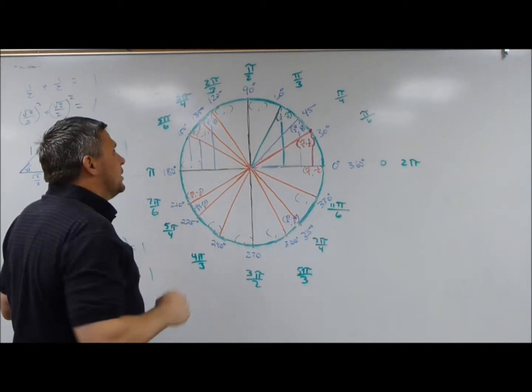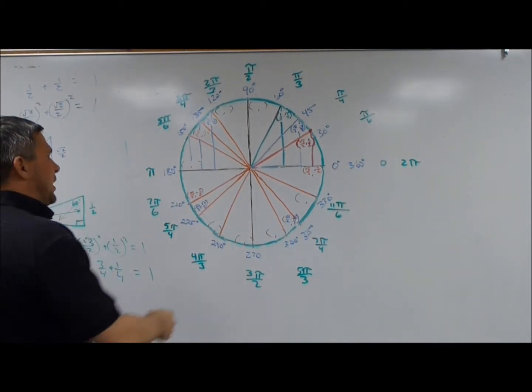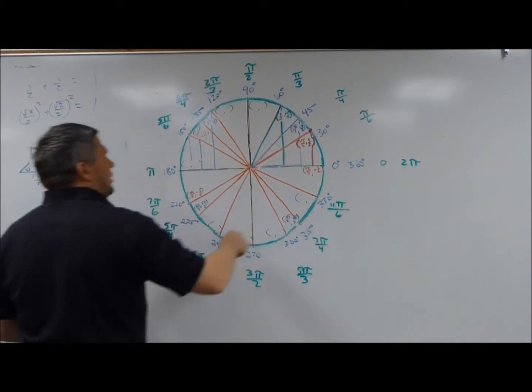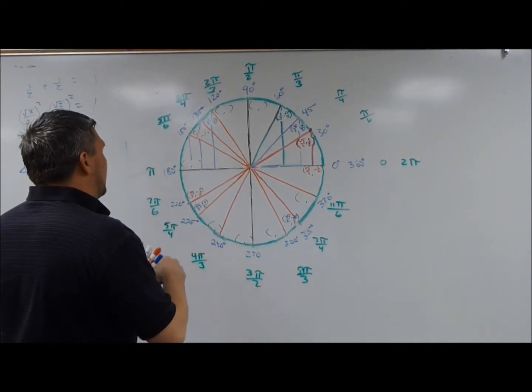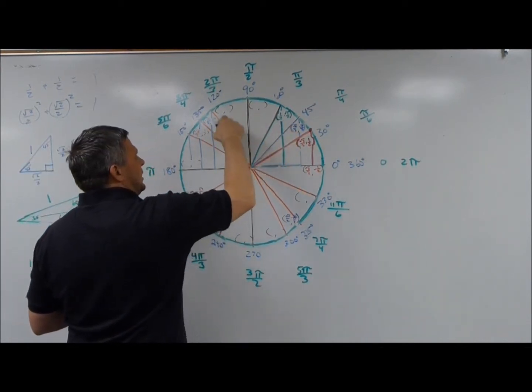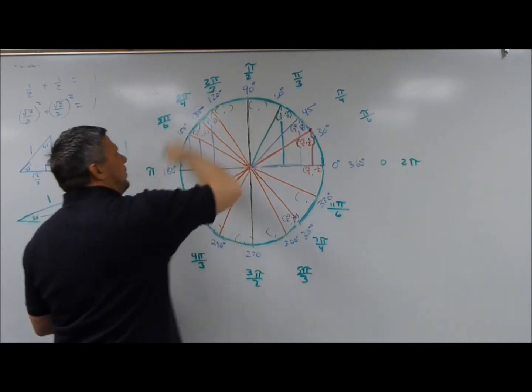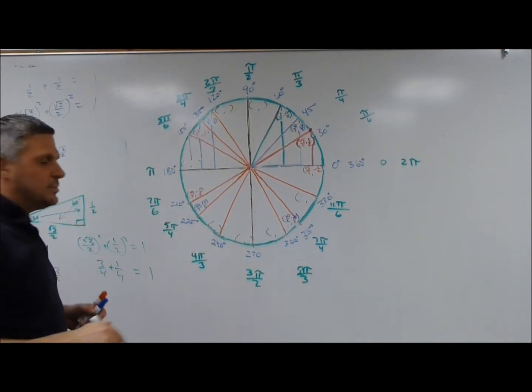Once you get that in, then you can do the rest of them. I'm going to show you how to do this by translating this to here, and to here, and finishing it up with the 90s and the 180s.